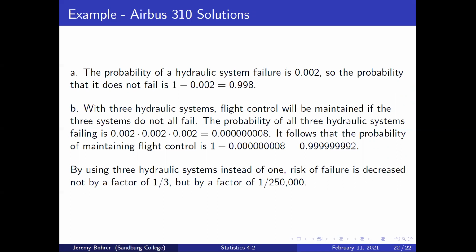It follows the probability of maintaining flight control is 1 minus 8 billionths, which is 999,999,992 billionths. By using 3 hydraulic systems instead of 1, risk of failure is decreased not by a factor of 1/3, but by a factor of 1 in 250,000.